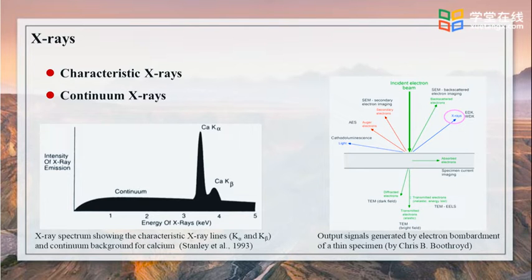Characteristic X-rays are used for X-ray analysis. The other is the continuum X-rays, also called continuous X-rays, which result when the primary electron interacts with the nucleus of the specimen atoms. Continuum X-rays are just background and can't be used for identification.